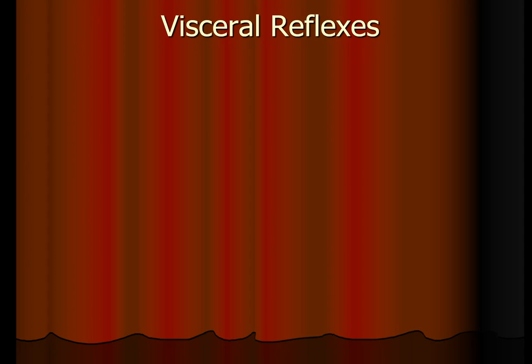A visceral reflex, the effector is going to be anything but skeletal muscle. But it's still going to require a stimulus. It's still going to take the information back into the central nervous system. It's going to process it. It's going to send out its signals on an efferent. The efferent happens to be the visceral motor division, which we know as the autonomic nervous system.